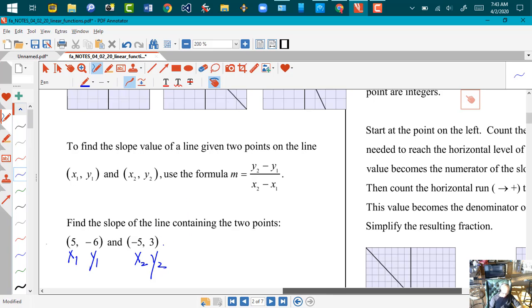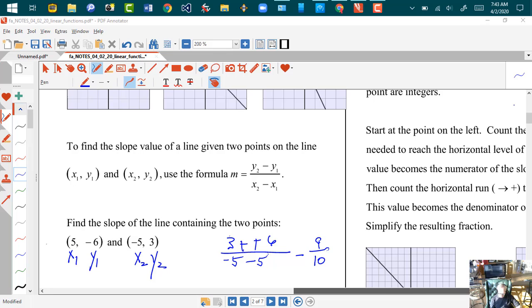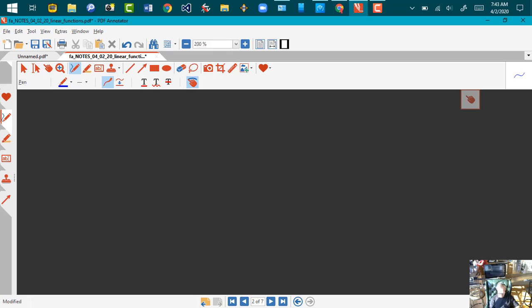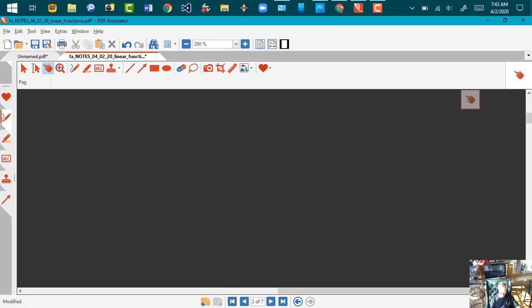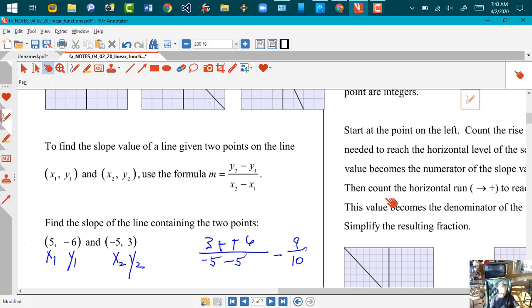So for the line that goes through these 2 points, it's going to be 3 minus negative 6 over negative 5 minus 5. Minus a negative number, of course, gives you a positive number. So this is going to give you negative 9/10. So the line that goes through those points is going to go down as you move from left to right across the x-axis.